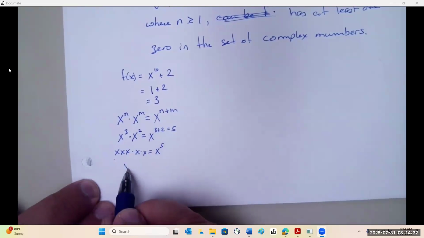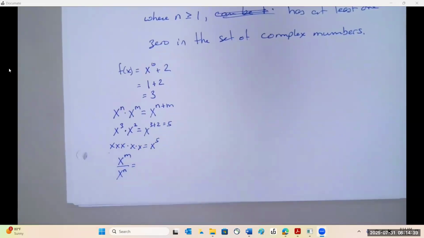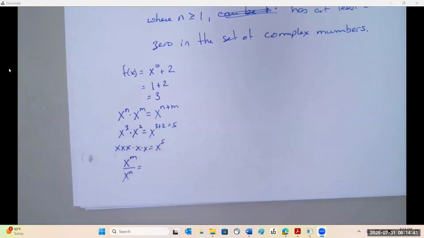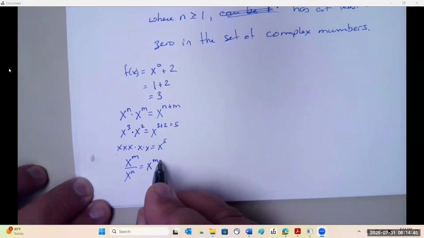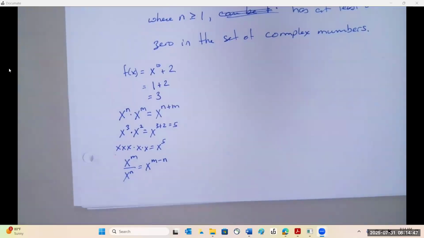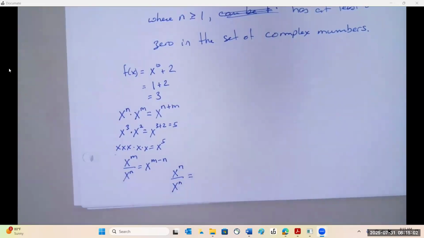There's another rule that says if we divide, because when you multiply, you make things bigger. That's why you're adding them. When you divide, you make them smaller, and you take the top power minus the bottom power and subtract them because they cancel out. What if I had the same exponent top and bottom?